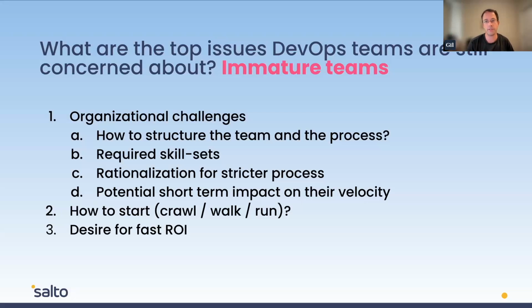So in many cases, they're still lacking rationalization for that stricter process. And I've been talking with directors and VPs who are getting pushbacks from their teams because the team members are saying, well, that tool, that process that you'd like to start implementing, it is making us go slower. It is impacting our velocity.